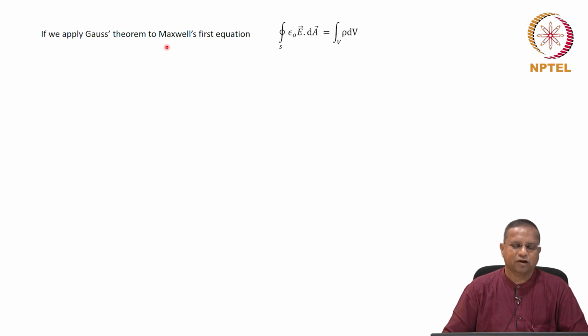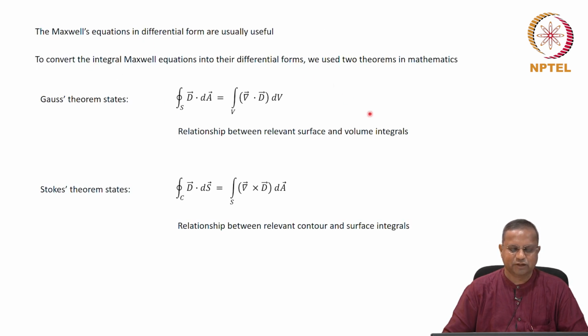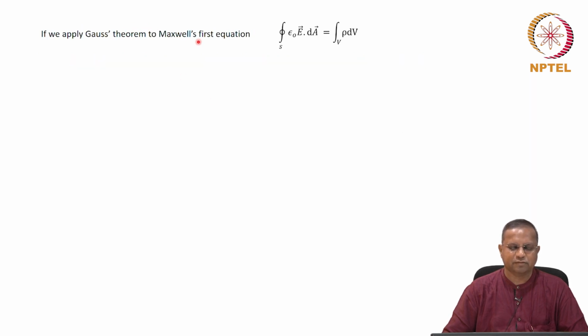Now, let us apply Gauss's theorem, the relationship between the surface and volume integrals, to Maxwell's first equation. What is the first Maxwell's equation? The surface integral over a closed surface of epsilon naught E dot dA equals the volume integral of the charge density times dV. Now you apply Gauss's theorem to the left hand side, the surface integral, which can be converted to the equivalent volume integral.